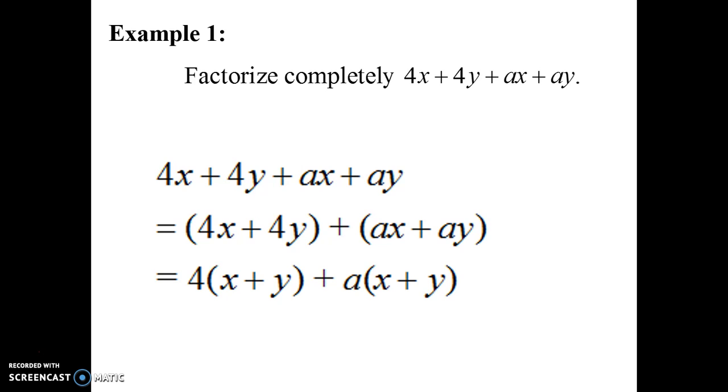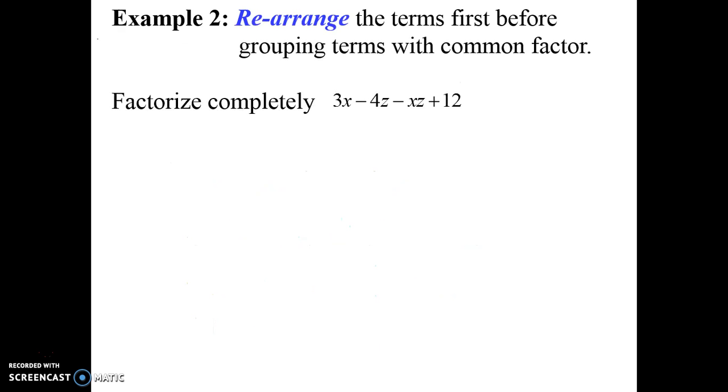Once you have done that, observe that there is a common factor of x plus y. After you have taken out x plus y, you will be able to factor out 4 plus a. In this case, bracket 4 plus a, close bracket, open bracket, x plus y, close bracket, will be the complete factorization of the original algebraic expression.